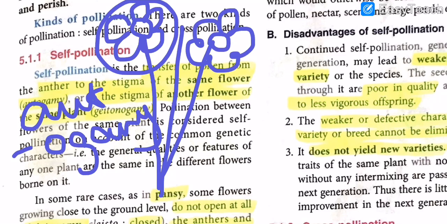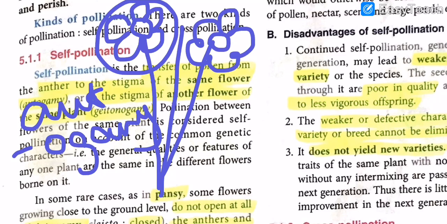But apart from that, we just call it self-pollination when the pollen grains are transferred from the same plant to the same plant, basically, right? From a flower of the same plant to the same flower, or from one flower to another flower borne on the same plant. So we consider that self-pollination.